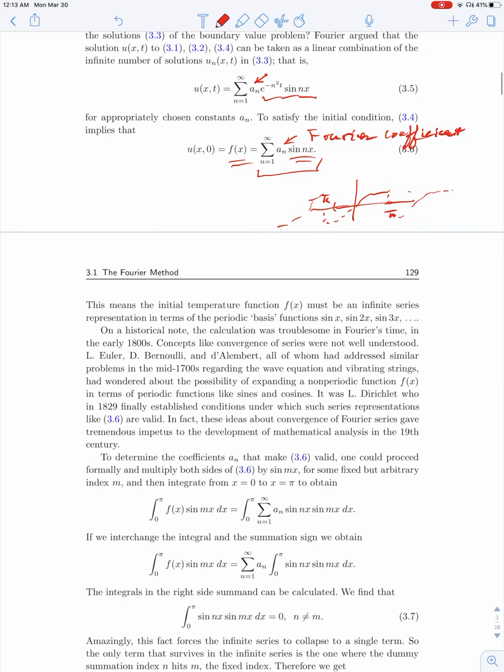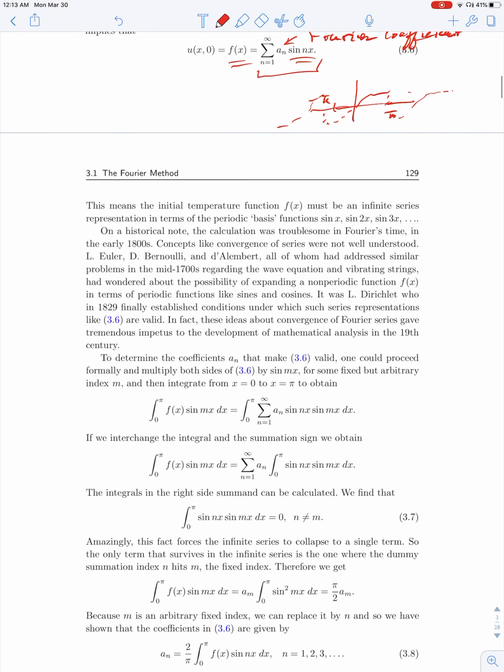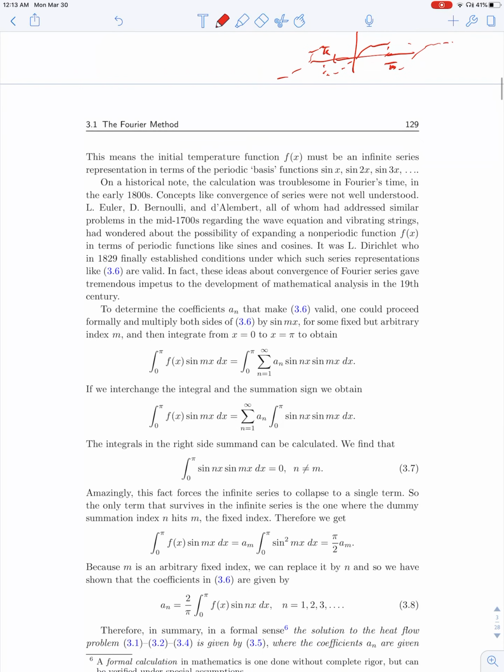Now, for this to work, it is because of the sine functions, sine nx and sine mx. If you do the integration, and we are going to come back to talk about this later on, you will see that this integral is going to be 0. How did you find this integral?